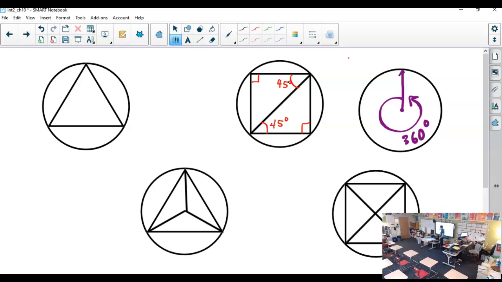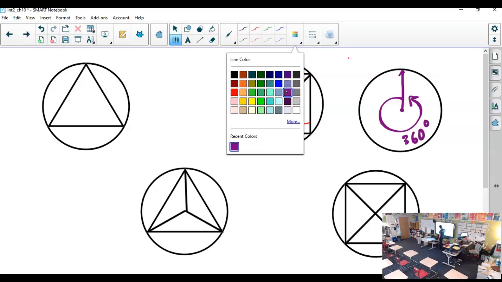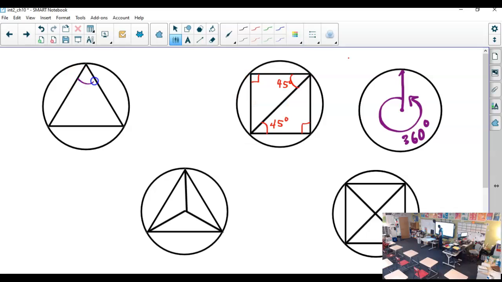Equilateral, or at least it's supposed to be. Smart doesn't have an equilateral triangle in its shapes, so I just had to use a triangle and try to make it work. If it looks slightly isosceles, just forgive me. So then, what would the angle on each be? 60.